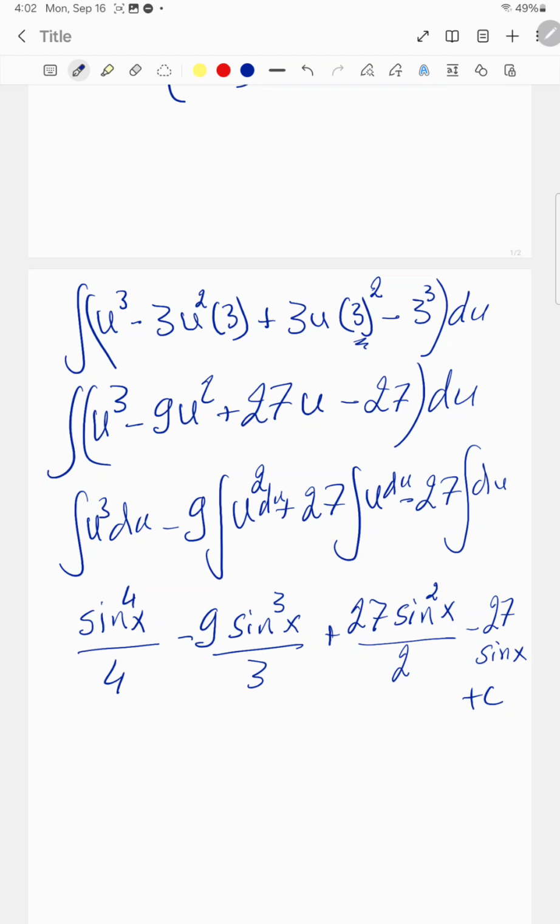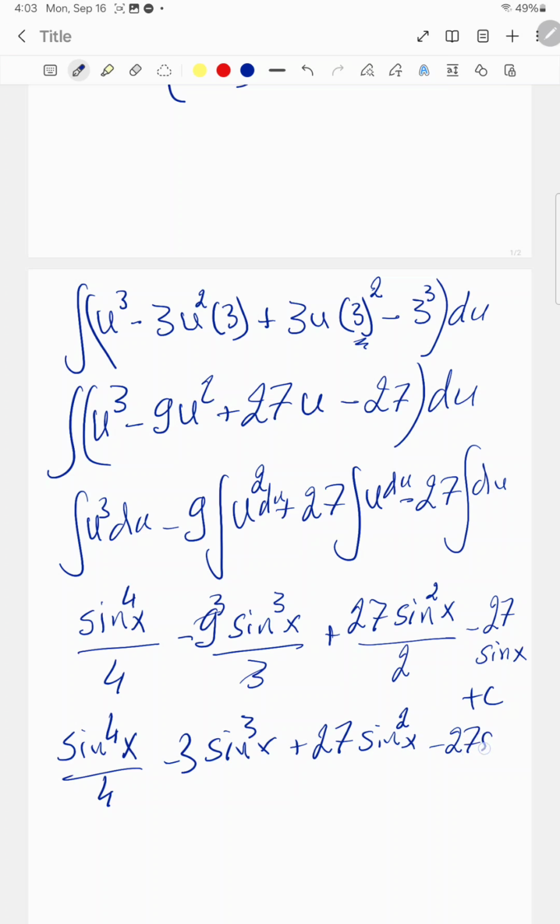Here I can simplify: sin^4 x divided by 4 minus 3 sin^3 x plus 27 sin^2 x divided by 2 minus 27 sin x plus c.